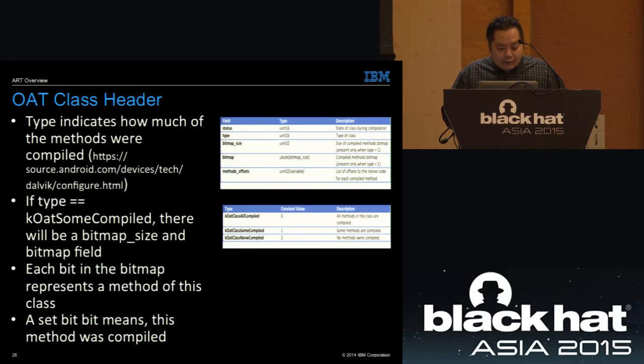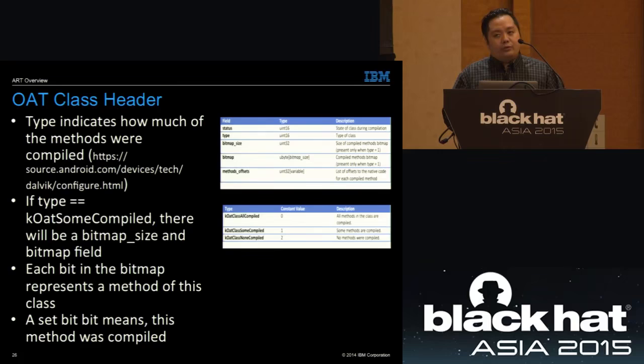Here's an interesting field, the type, which indicates how many of the methods were compiled. You can configure your device, or you can configure ART, to use different kinds of criteria on which methods will be compiled.